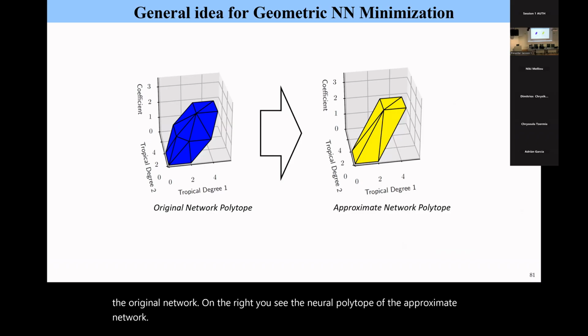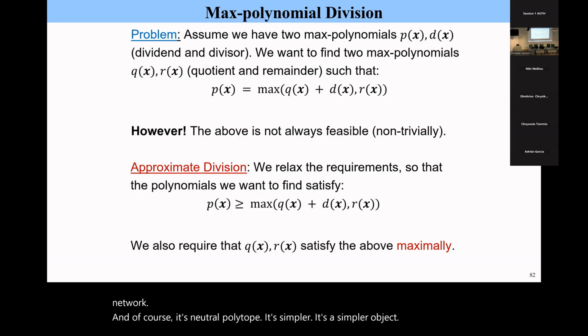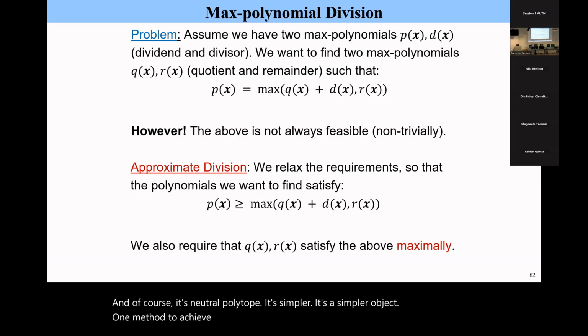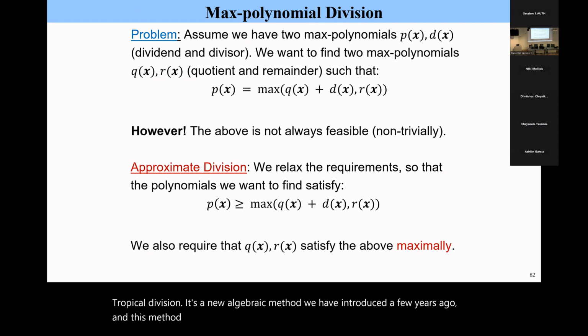And of course, it's a simpler object. One method to achieve that is what we call tropical division. It's a new algebraic method that we introduced a few years ago. And this method comes with a geometrical understanding using Newton polytopes.